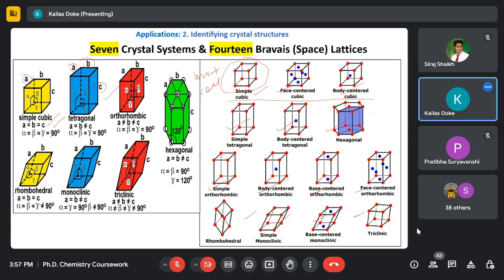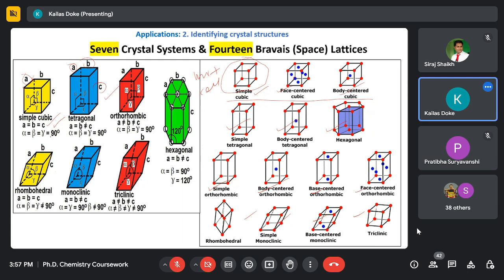With the help of software, we can analyze each peak's diffraction pattern to find the crystal system or space lattice or Bravais lattice. So out of 7 crystal systems, my question is: which one is the most symmetric crystal system? Can anyone answer?